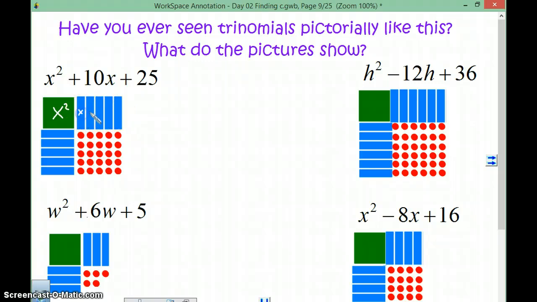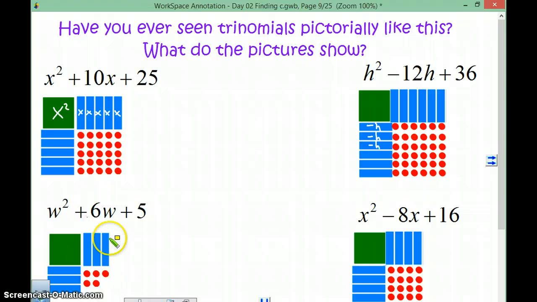Each of those blues is an x. Okay. Could those blues be negative x? Yes. Over here, we have negative 12h. Those could be negative h as well. Okay. How about the red dots? Those are the units right here, and we have 25 of them.